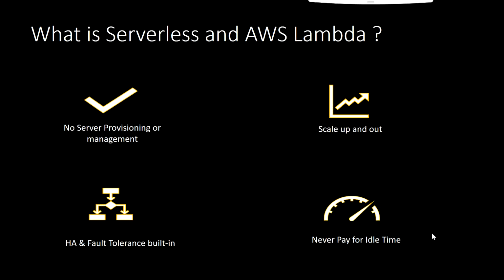Any platform or service which is considered serverless has to provide four basic functionalities. The first one is no server management, so you don't need to worry about managing, running, or installing any software on any server. The second is scaling.